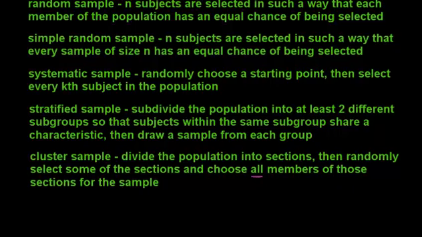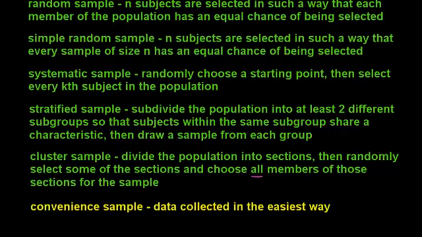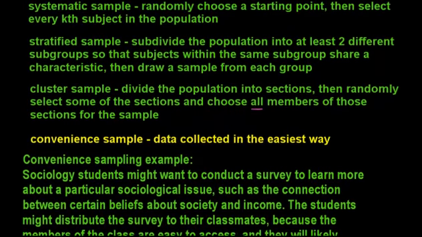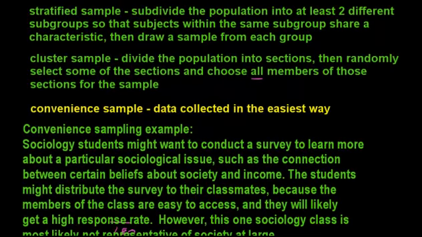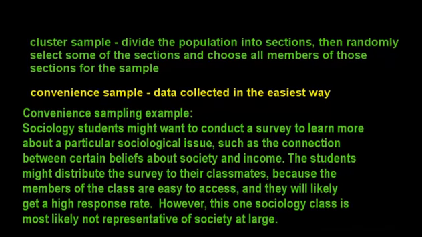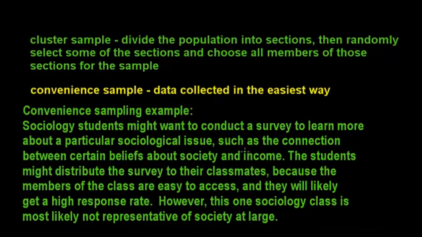But we also see sometimes the results of studies that were done using convenience samples. And this is when the sample data is collected in the easiest way. And I'm showing it here in a different color because this is not a desirable way to collect a sample of data. An example of that might be if students in a sociology class are asked to conduct a survey to learn more about a particular issue, such as the connection between certain beliefs about society and income, and the students just distribute the survey to their classmates because the members of the class are easy to access.